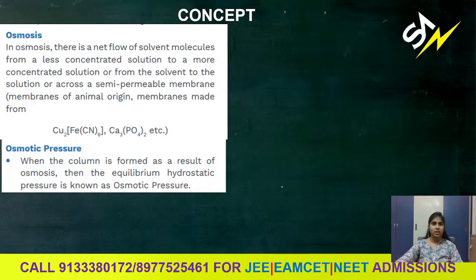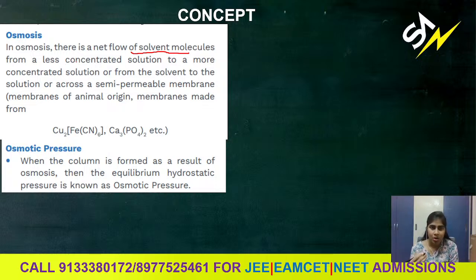And next is osmotic pressure. Here osmotic pressure is the colligative property. How do we define osmotic pressure? Based on osmosis, right? So let us see what osmosis is. Osmosis is a net flow of solvent molecules from a less concentrated solution to a more concentrated solution.